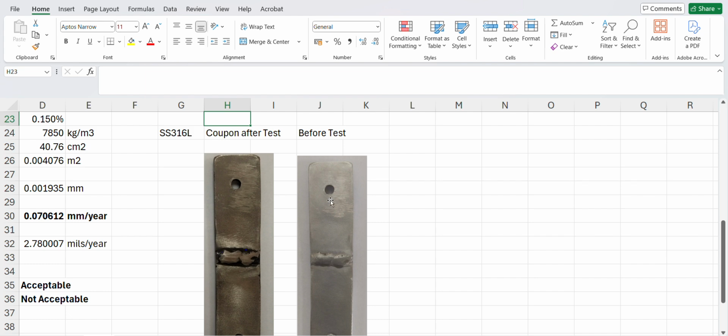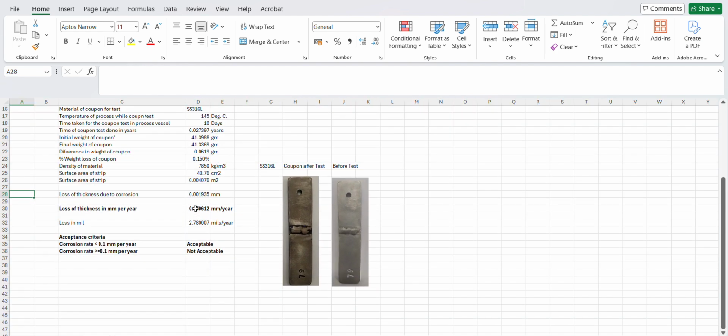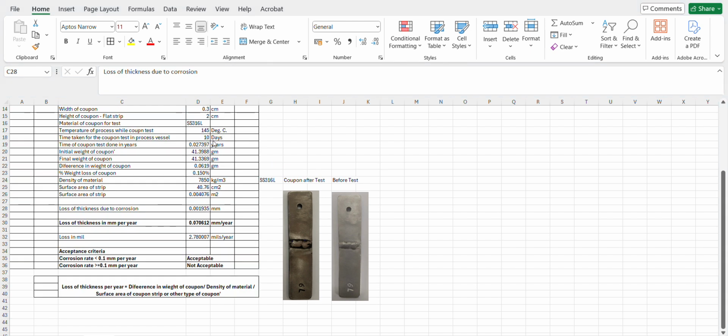This is the sample before the test, and this is the actual status of the sample after the coupon test, after 10 days in the trial.